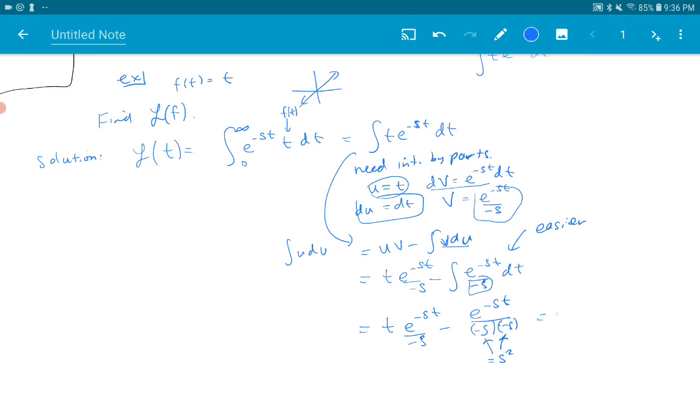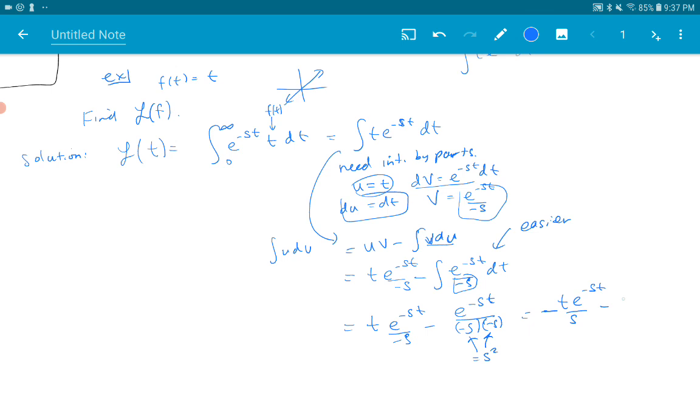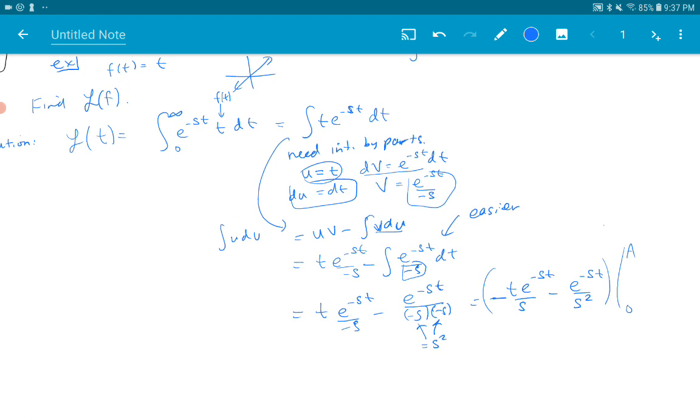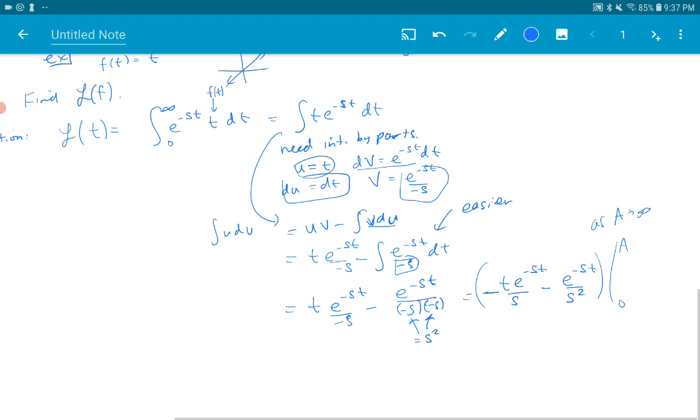So we get negative t e to the negative st over s. That's right, I put the negative in front there. And then minus e to the negative st over s squared. And that whole thing goes from 0 to a, and then we have to do the limit as a goes to infinity. Okay, so a lot going on here, but we're almost done, right?